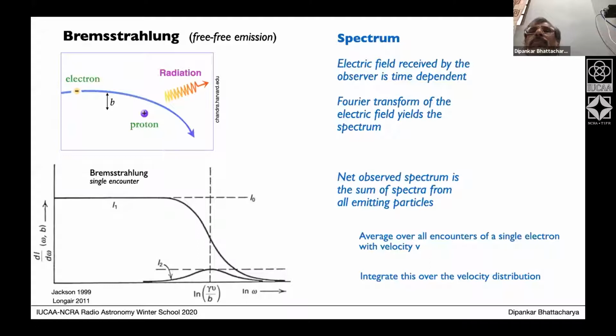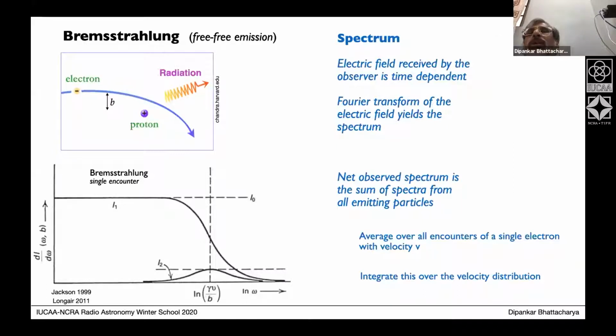And then all this is for a given electron velocity v. In a medium, there are electrons with a whole range of values of velocity. For example, if it is a thermal source, electrons have a Maxwellian distribution of velocity.